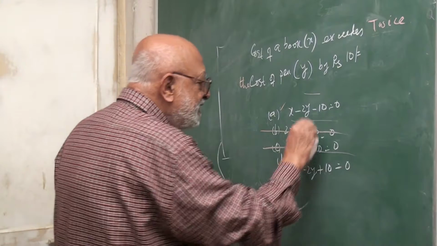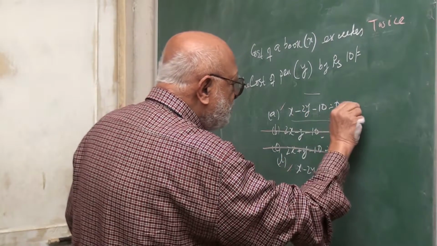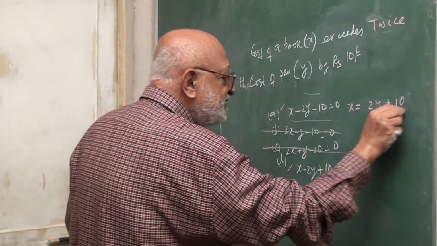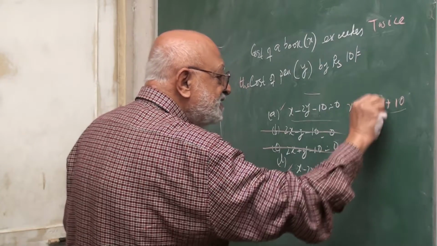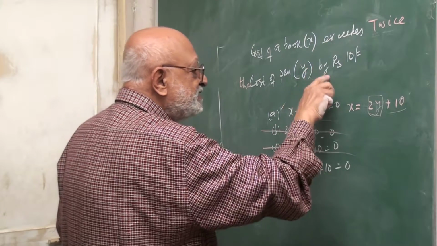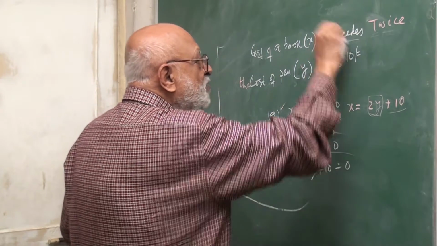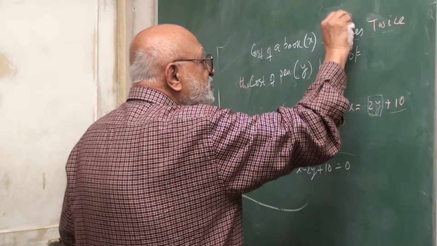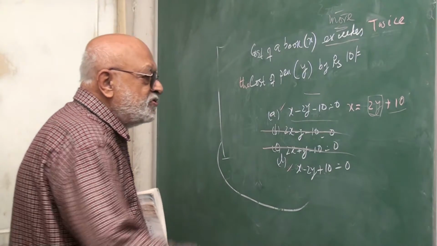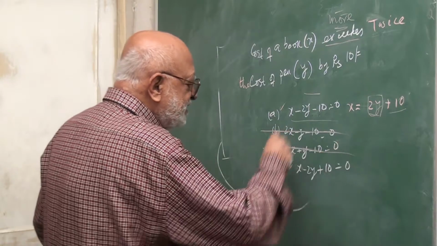Because if I write x equal to 2y plus 10, it becomes twice the cost of pen and exceeds more than that. Exceed means more. So you must know these English words. So this is the one.